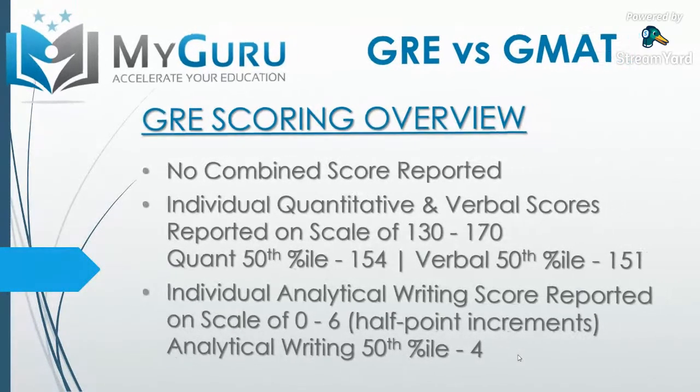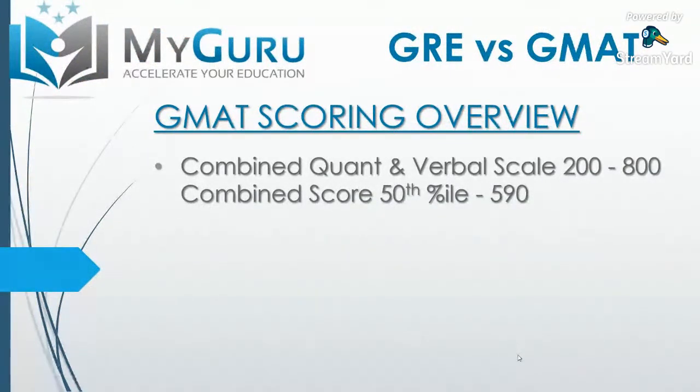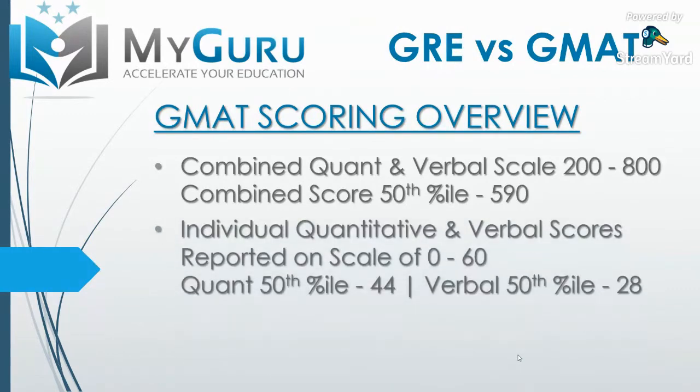So then the GMAT scoring, you've got, of course, that combined quant and verbal scale of 200 to 800. They actually take the quant and the verbal scores, combine them into that magical score that many people will say, I want a 600 or a 700 or 750, something of that nature. The combined score, 50th percentile for the GMAT, is going to be about a 590. And the individual quantitative and verbal scores that go into that 800 are reported on a scale of 0 to 60.